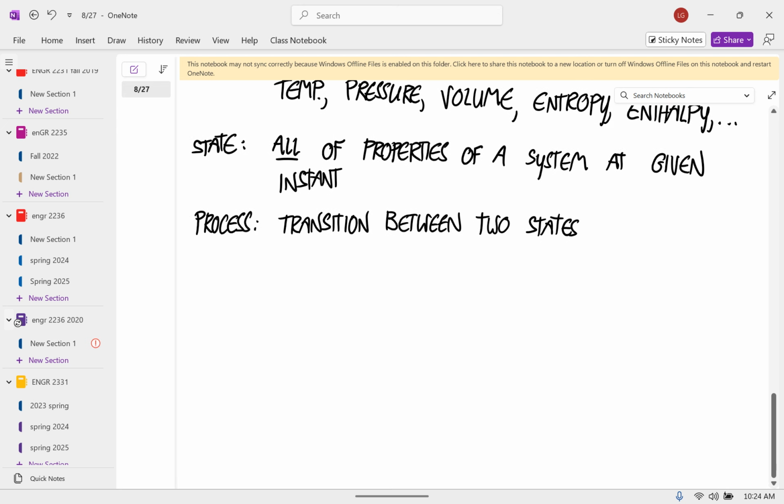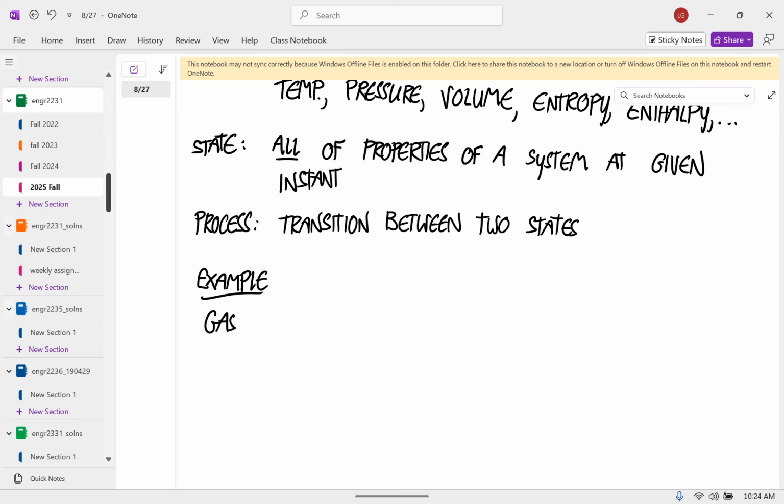Okay, so let's talk about these. Think about a question regarding these. Let's say that we're told that a gas has an initial pressure of 2.0 times 10 to the fifth pascals. I'm going to write this, by the way, in a shorthand.